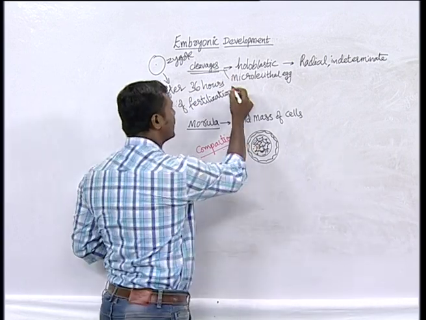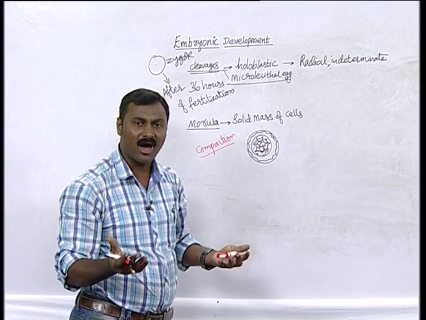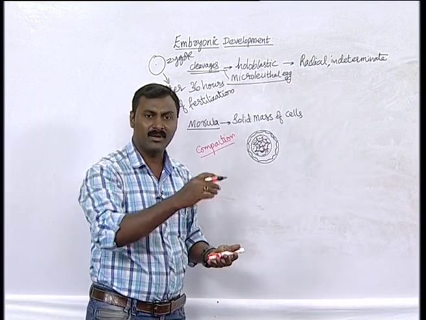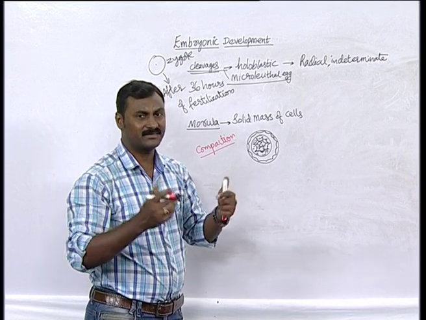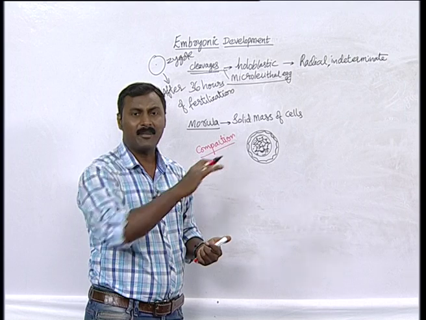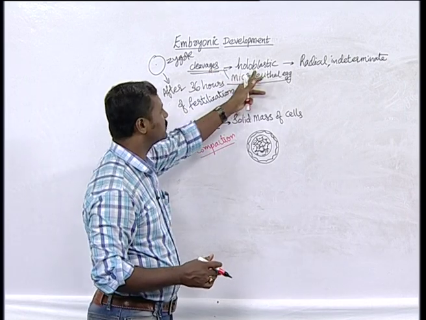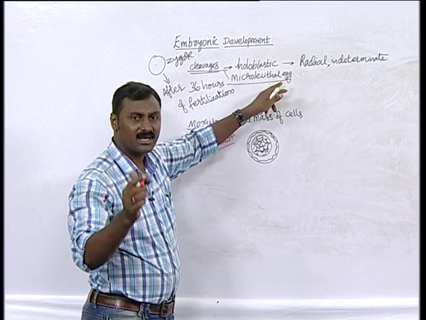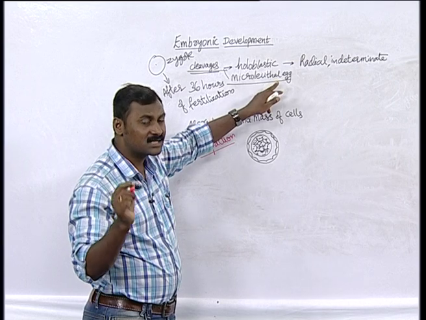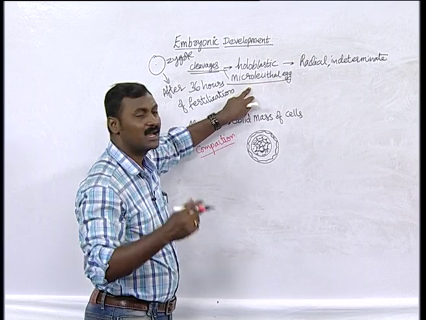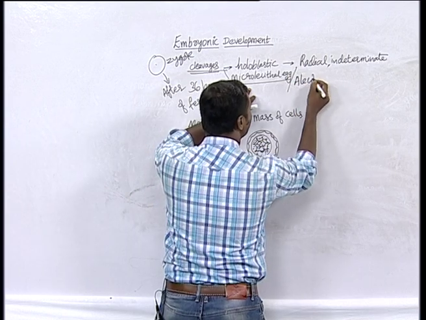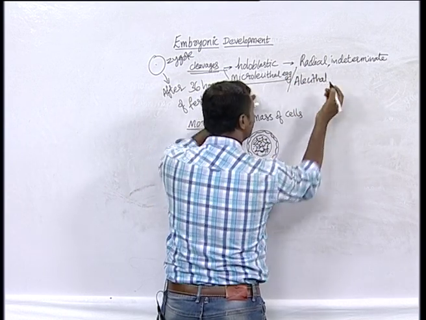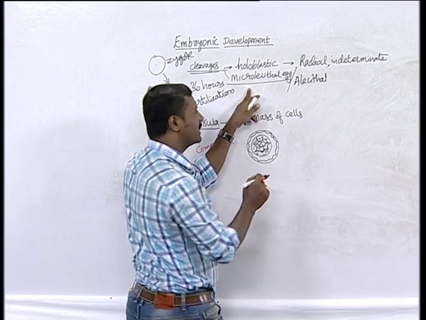Why? Because of the microlecithal egg, there is no yolk in the ovum or in the zygote. So automatically, what happens? There is no yolk, so the zygote completely undergoes cleavage. That is why it is called holoblastic cleavage, because the egg is microlecithal, or we can also call it alecithal. Microlecithal egg means very little yolk is there.